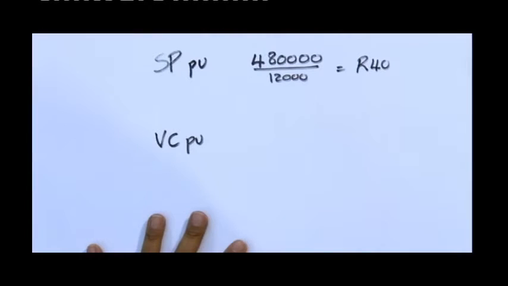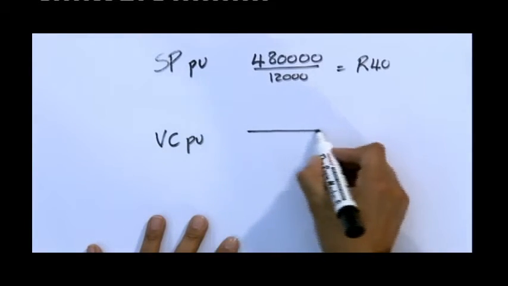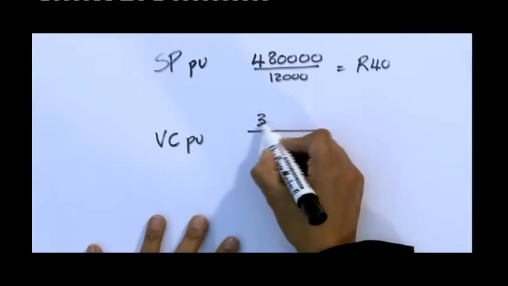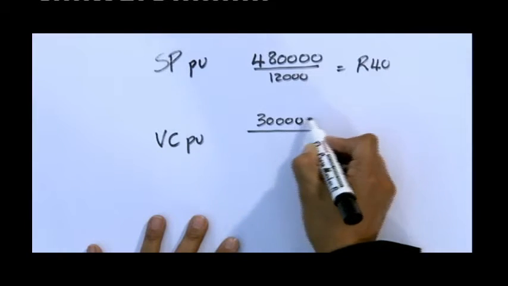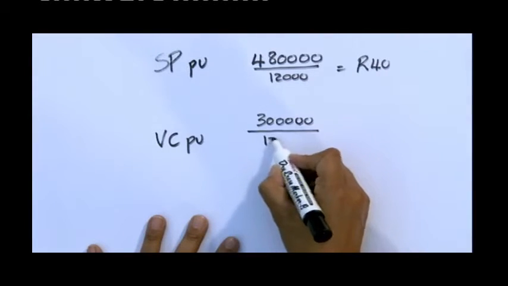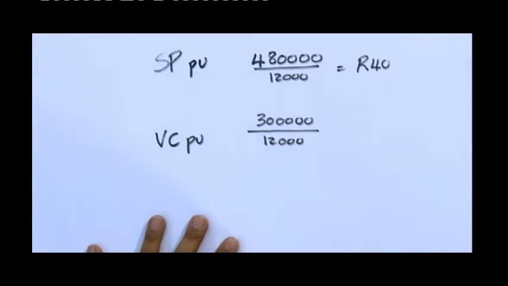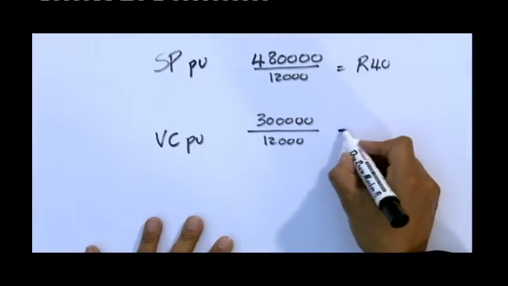My variable cost, I don't need my total variable cost, I need variable cost per unit. So I'm going to take 300,000 and divide that by the 12,000 that I produced. So it's 300,000 divided by 12,000 and I get 25 Rand.